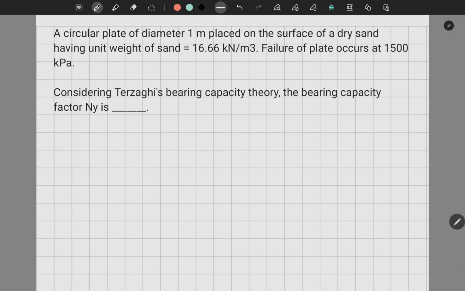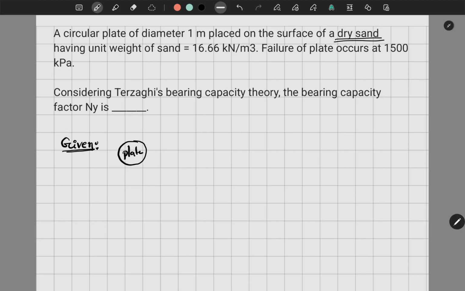A circular plate of diameter 1 meter placed on the surface of dry sand, okay, and unit weight is given. In the GATE examination, try to write down all the given data, it will simplify most of the questions.